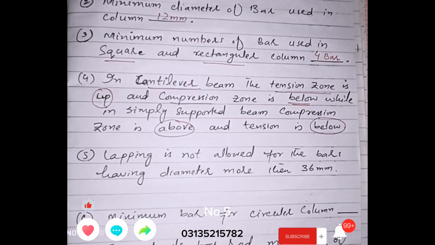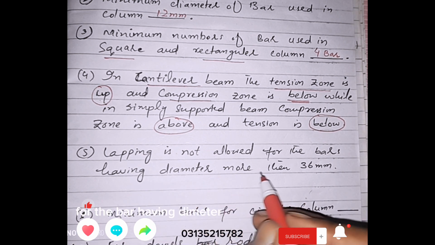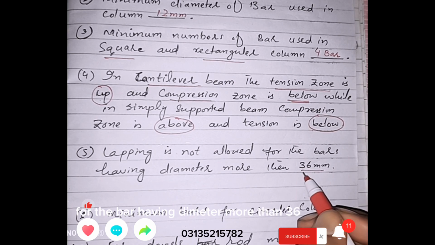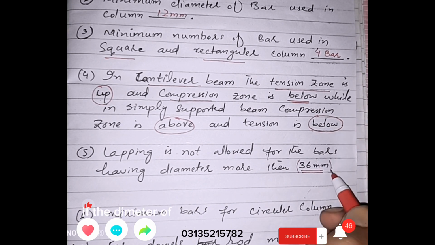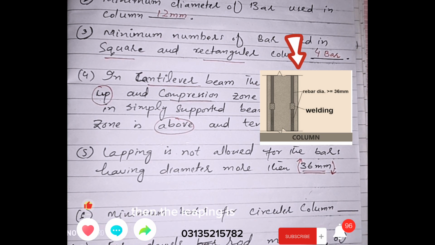Number 5, lapping is not allowed for a bar having diameter more than 36 millimeter. If the diameter of a bar is more than 36 millimeter, then lapping is not allowed.